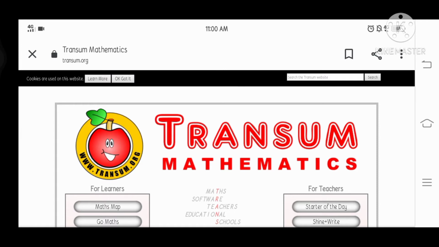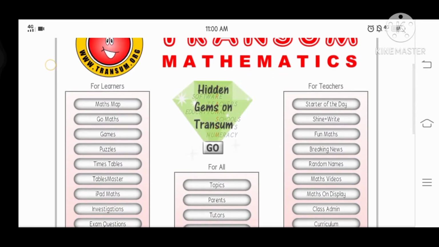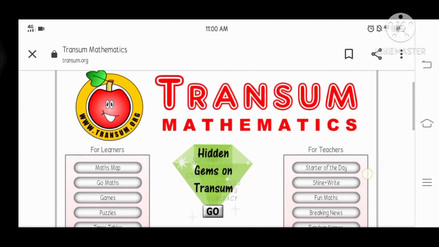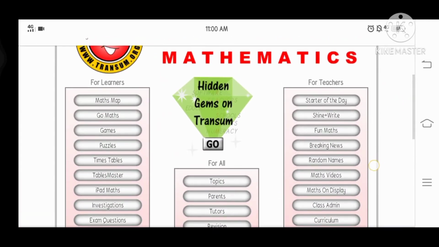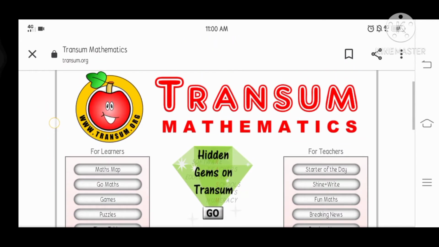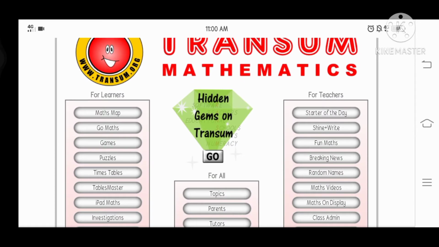Then you will see this. Like I mentioned in the previous activity, there are many selections here, so if you have free time, you may do them.